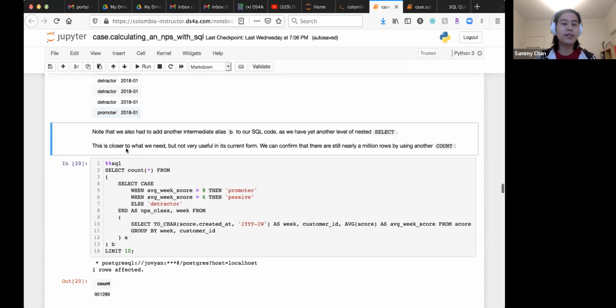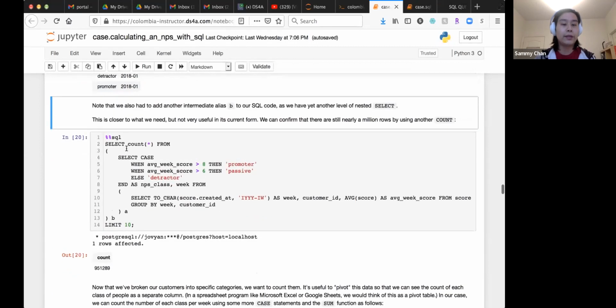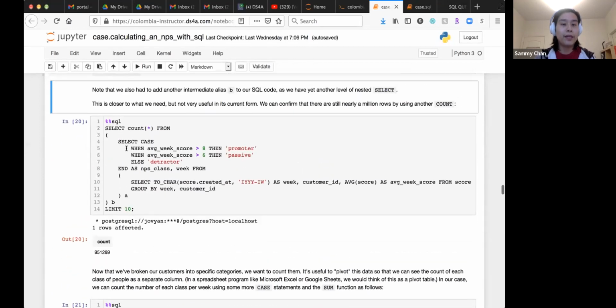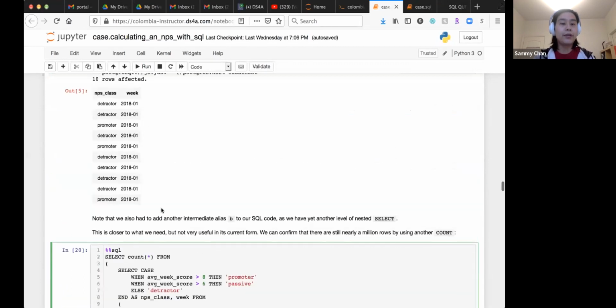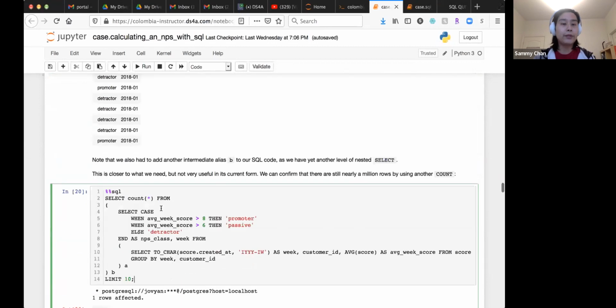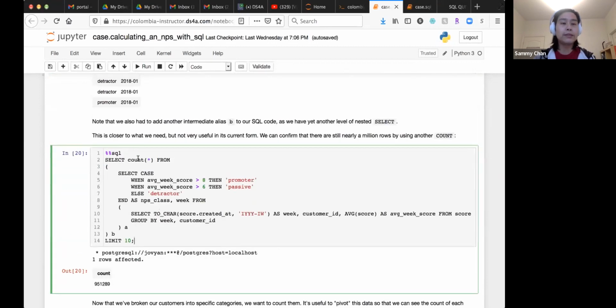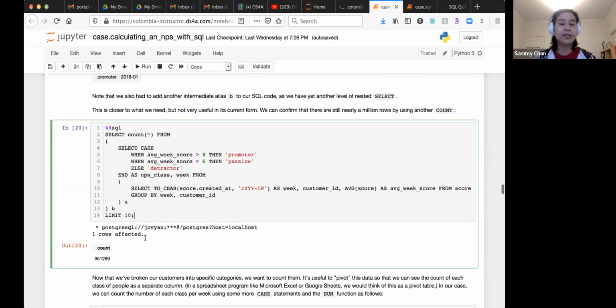So we definitely need to do more group by. Another more useful step that would get us closer is we try to count the different classes.